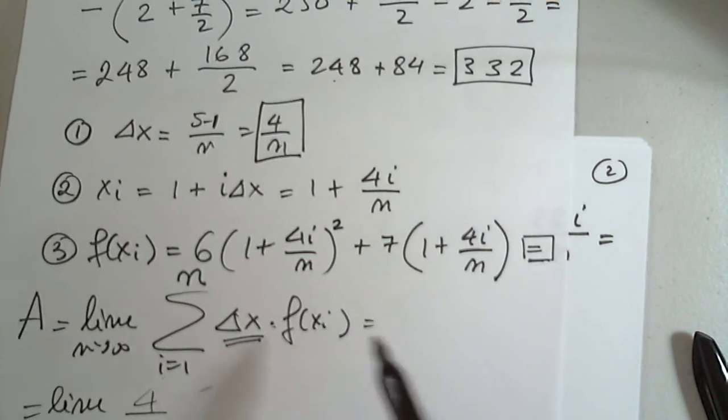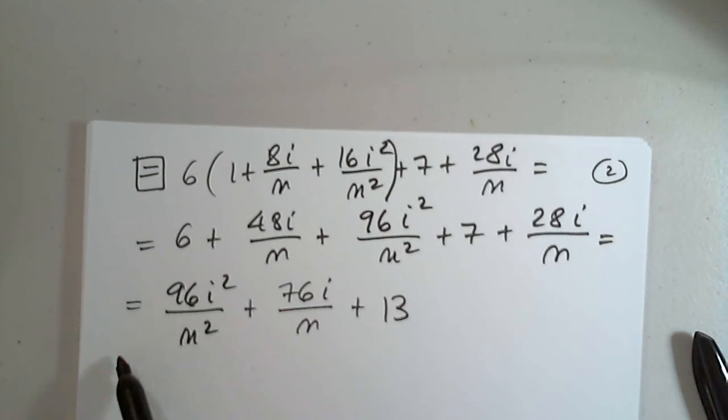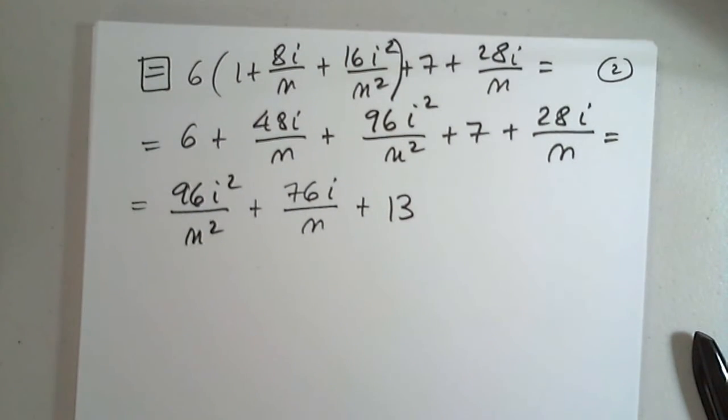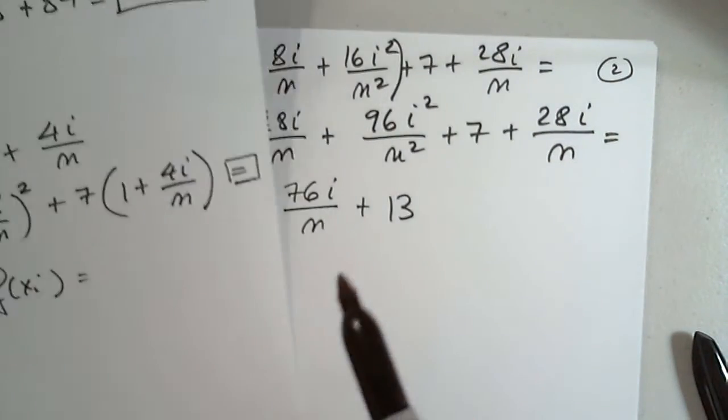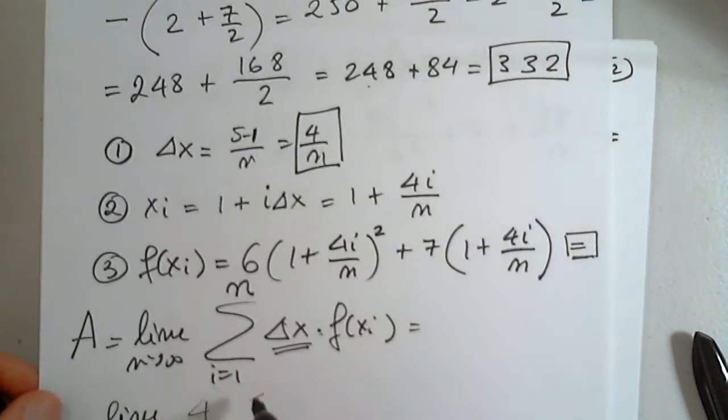And now I have the summation of this, which is this. Summation of this plus summation of this plus summation of this, to cut back on the writing a little bit. So I'm here, bracket.